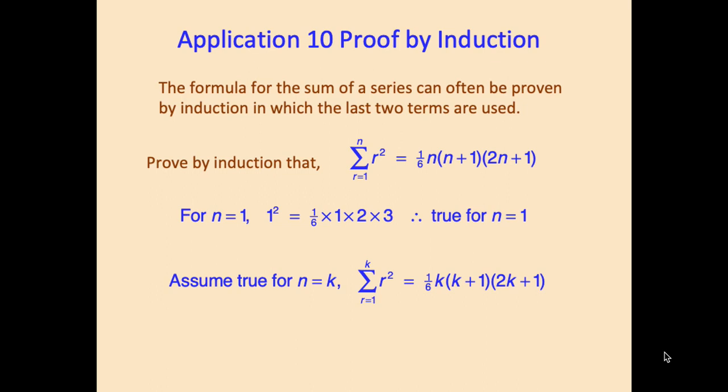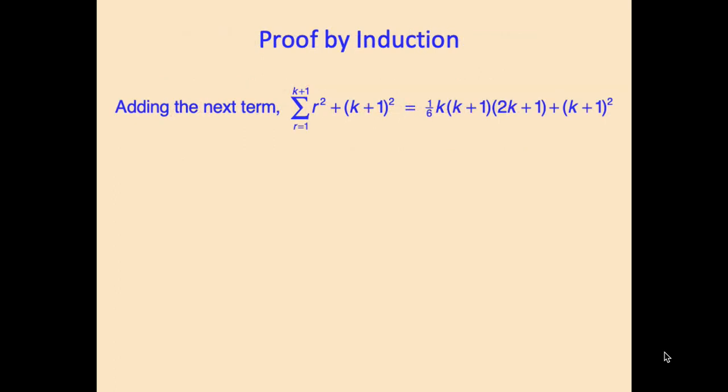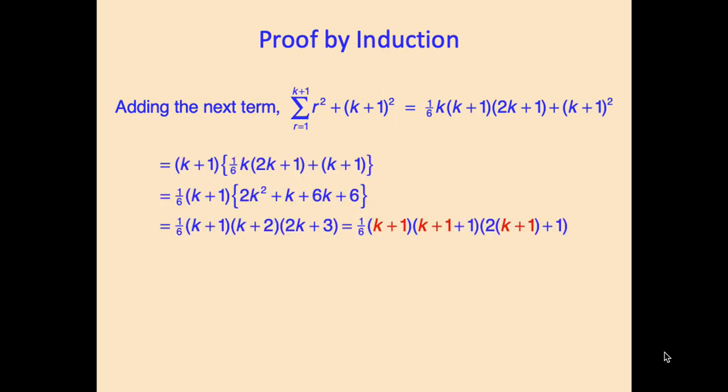So we can write the right-hand side of the formula down with n replaced with k. And then we're going to add the next term to both sides. So the next term will be k plus 1 squared, which is added to both sides. And then we work on the right-hand side.